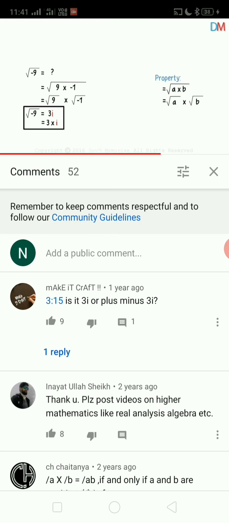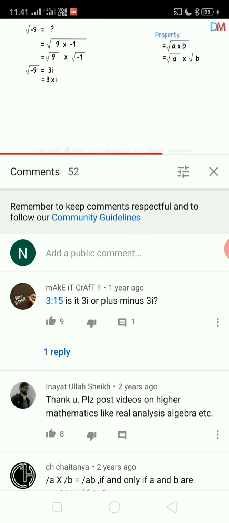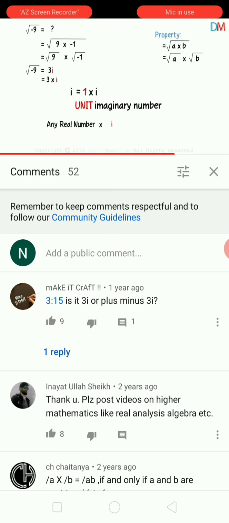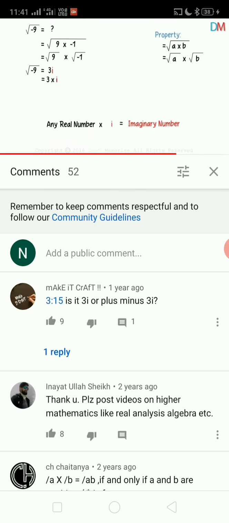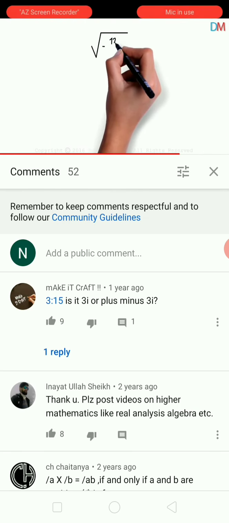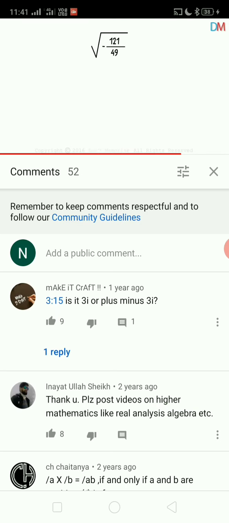And this is also an imaginary number. But it's not a unit imaginary number as it's 3 times I. But the unit number I is 1 times I, and hence it's called a unit imaginary number. Basically, any real number times I is an imaginary number. For instance, this is how we would write square root of -121 over 49.